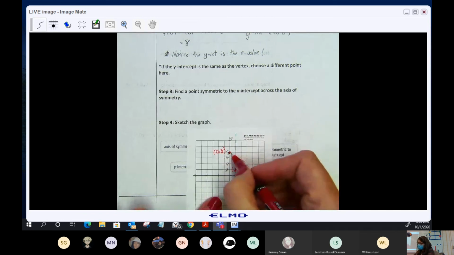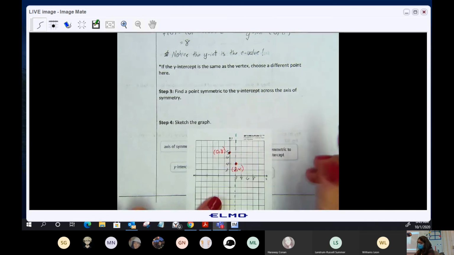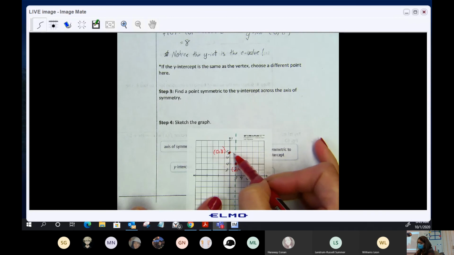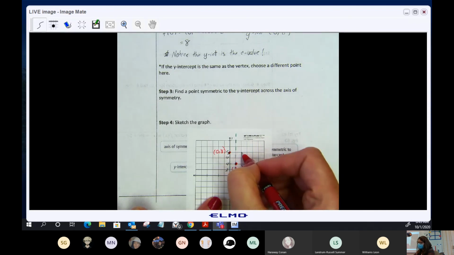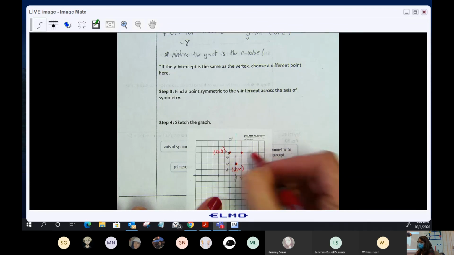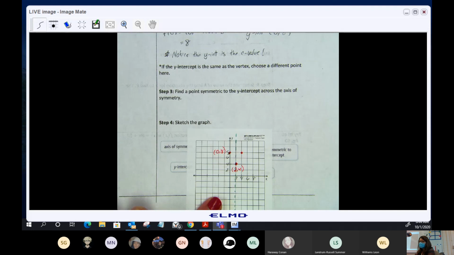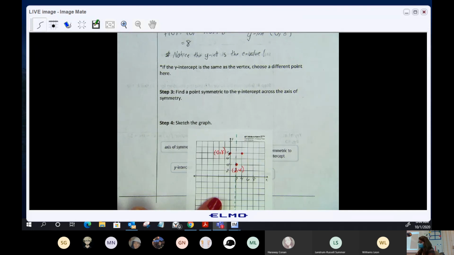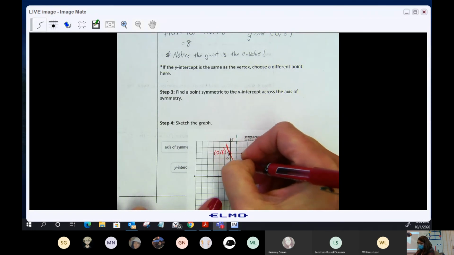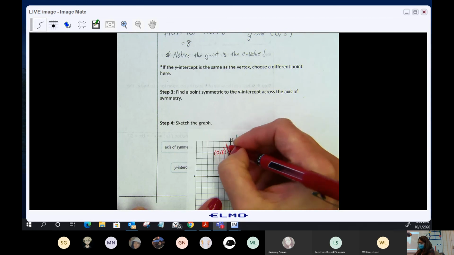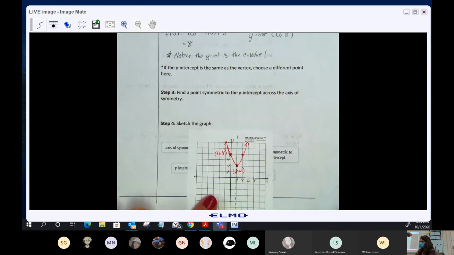So if I have a point on this y value of 8 that is 2 units from the axis of symmetry, I'm going to have another point that is 2 units to the right. I now have 3 points, and that's really all you need to graph a quadratic. And again, this is a nice rough draft. We have the key features in here. So there is your graph.